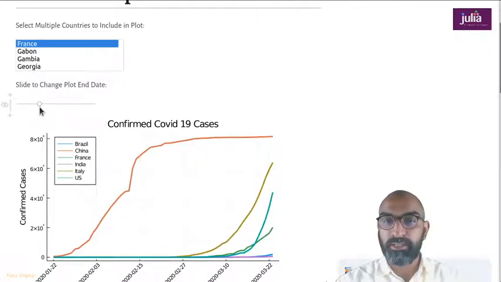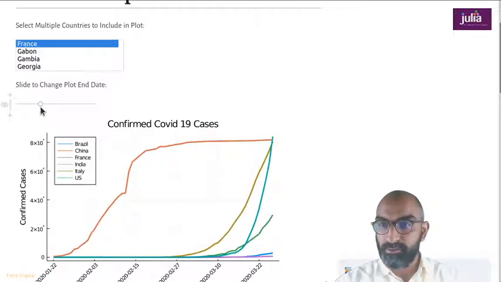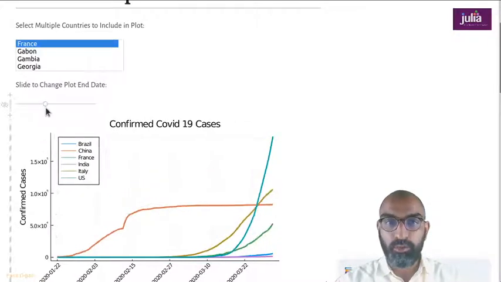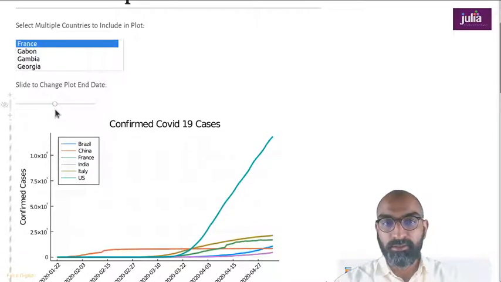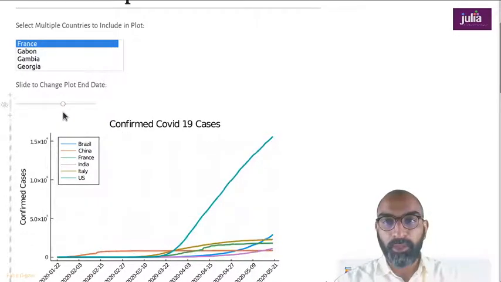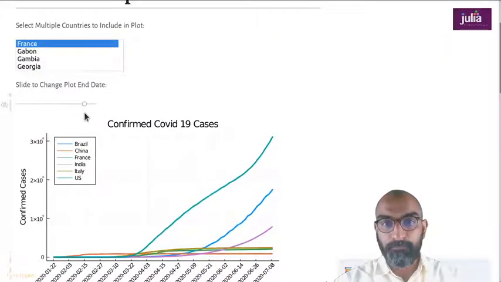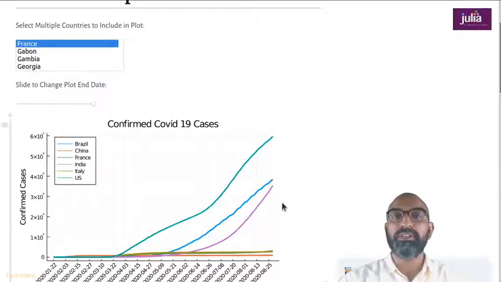So as I move, I see how things evolved. So we see here Italy, then I think it's US and France, and then we will see that the US story got really big. I mean, this is no news, but then we see that, for example, Brazil and India are increasing sharply.